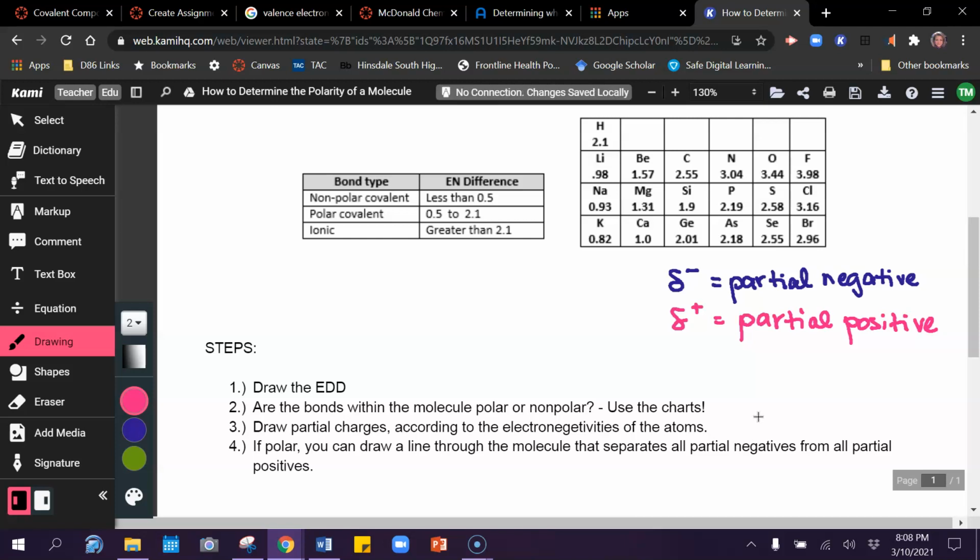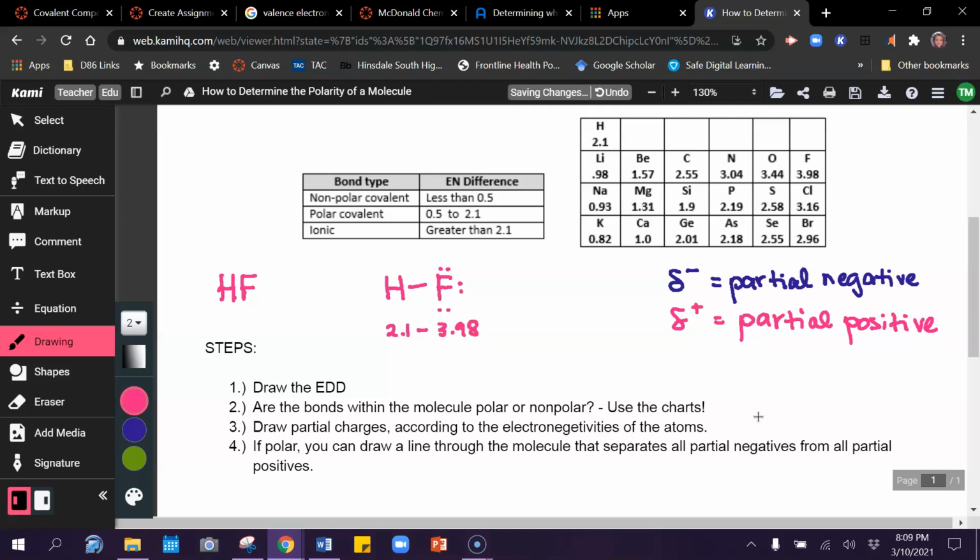Let's say that I have a molecule that is forming between hydrogen and fluorine, so H and F. And I draw my electron dot diagram, and I get my electron dot diagram to look like so. Well, I need to first know if this bond is polar or nonpolar, so I'm going to subtract 2.1 and 3.98.